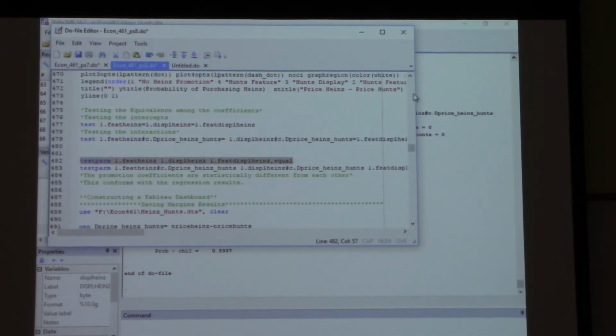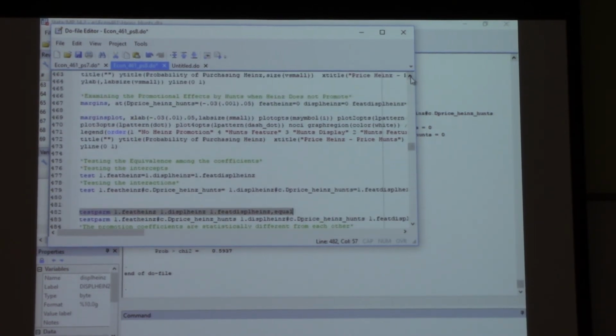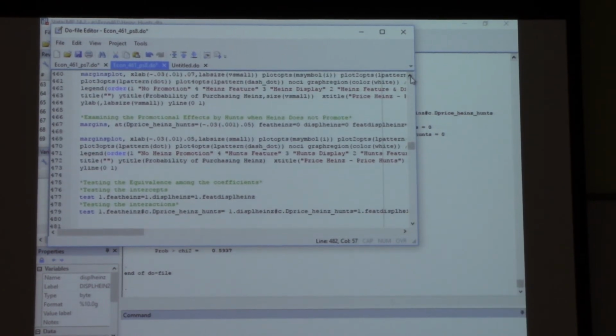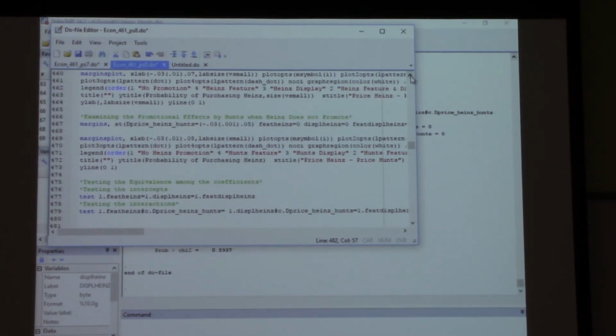All right. So what I'm going to have you do is a couple of groups of graphs. So we're going to do probably 4 groups of graphs. We're going to do one group, which is the Heinz promotion, which we already did. We'll do another group, which is the Hunt's promotion.